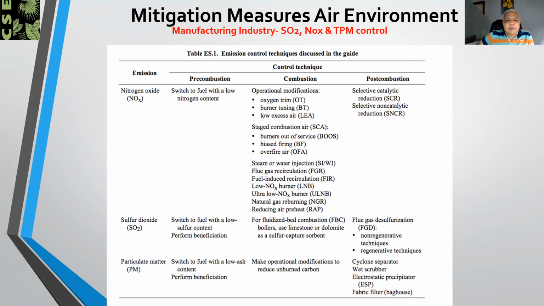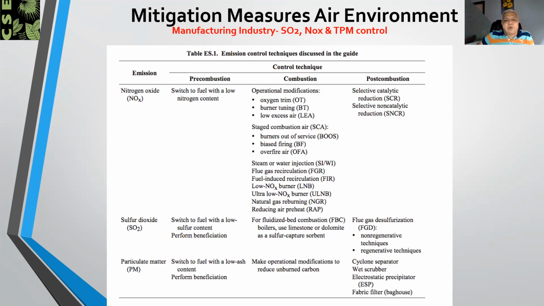Similarly, for particulate matter, we can opt for a low ash content coal, like one which is available from Indonesia, which has hardly about 8 to 10% ash, as against Indian coal, which has about 34 to 35% ash, even after beneficiation.